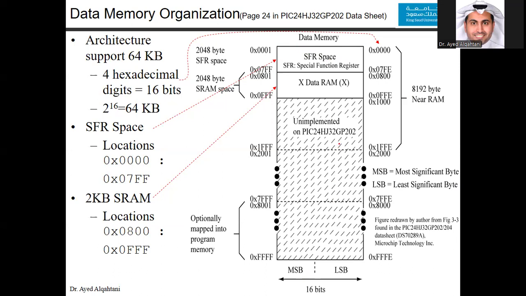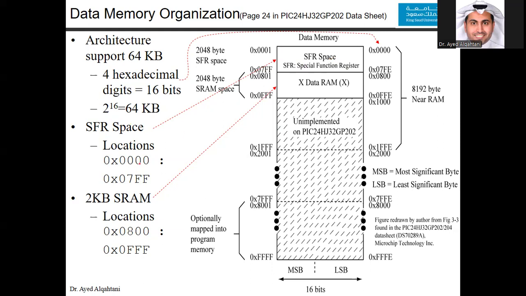As you can see in the data memory, we have 2 important sections that we need to highlight. The first section is the SFR space. The SFR space is for special function registers. So we have special registers for special purposes. We will talk about them more in the next slide, but this is their space.